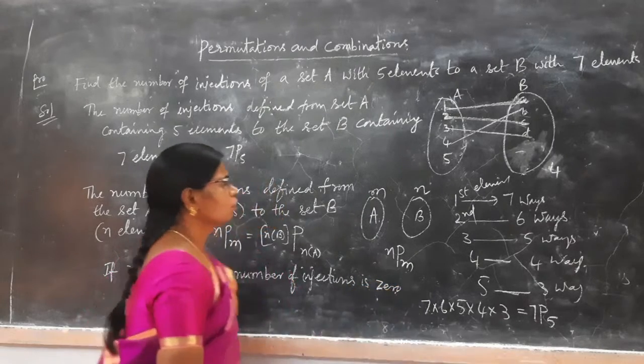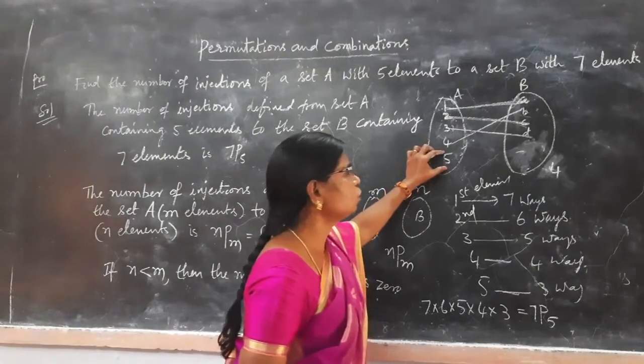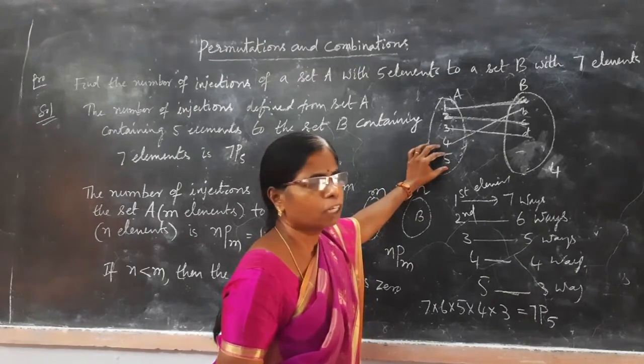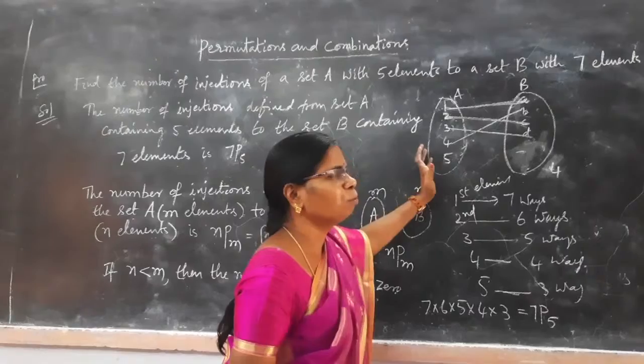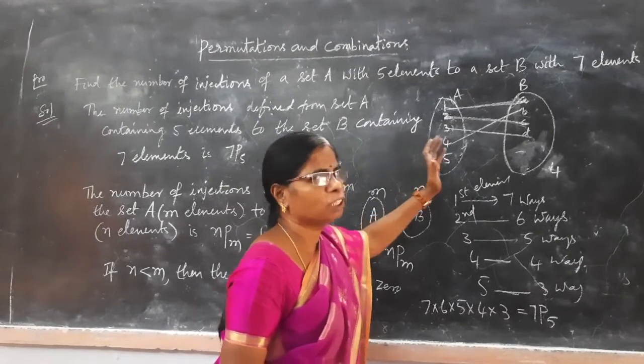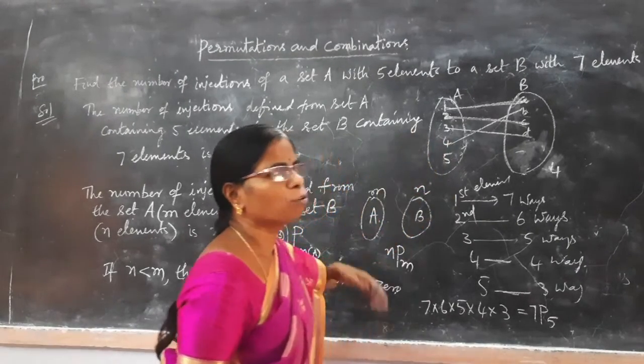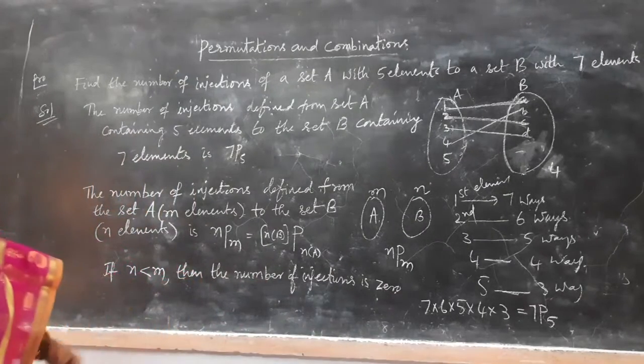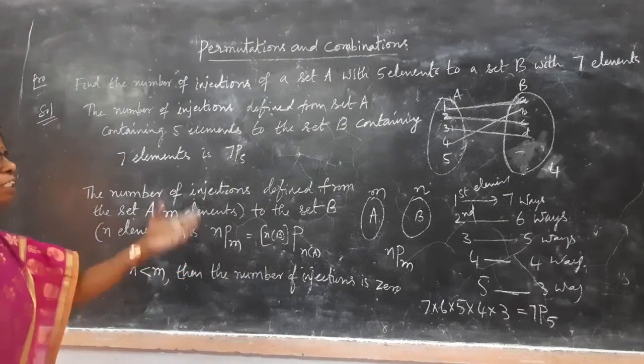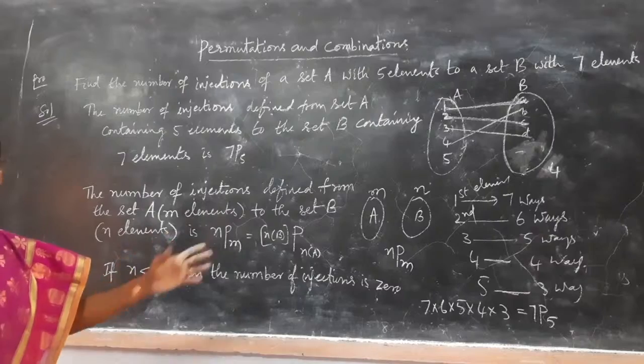So the fifth element is left over here. That's why we cannot find an image; there is no injection from set A to set B.